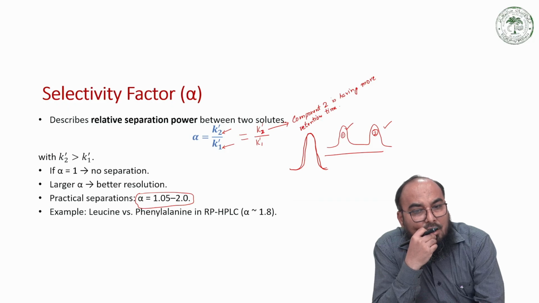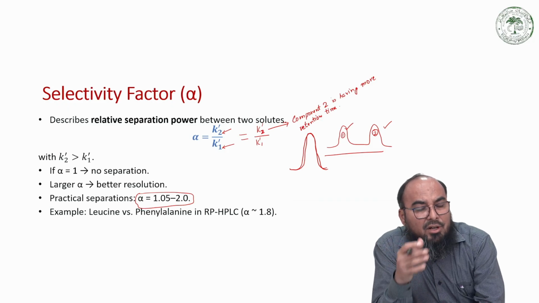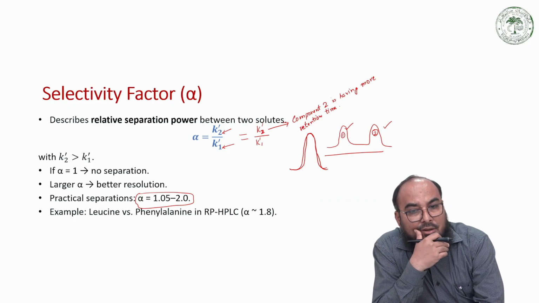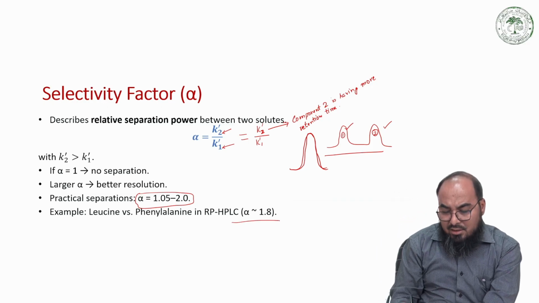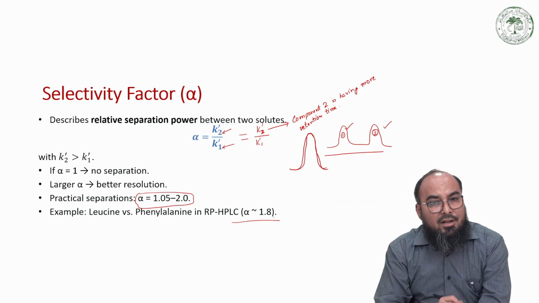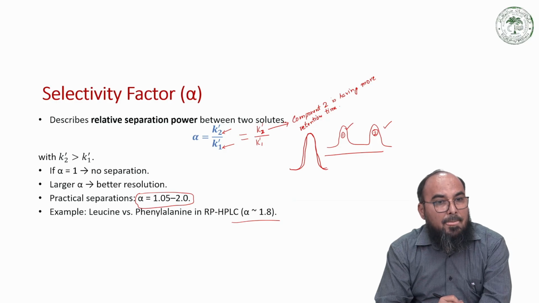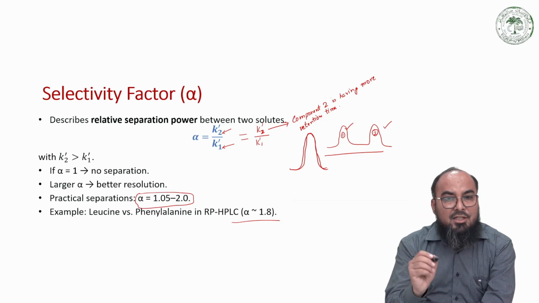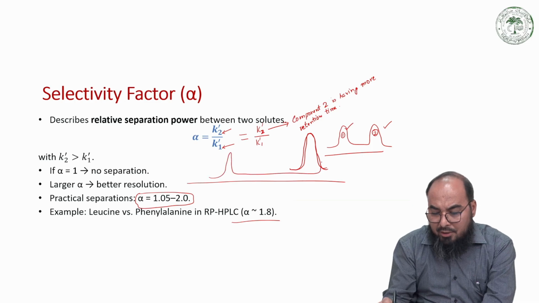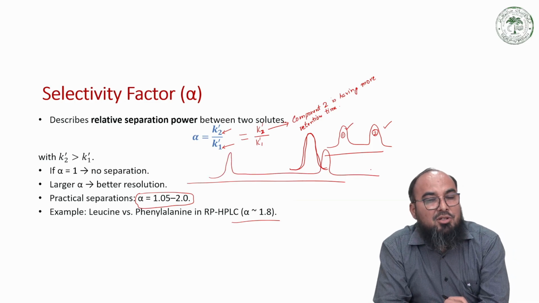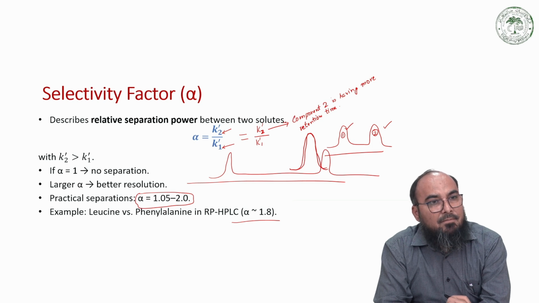For example, we have given an example of leucine and phenylalanine. In reverse phase HPLC, the value of alpha is 1.8. It means it's a good separation. Moreover, if its value is too high, then the peaks are far apart. Again, this is not a good separation because it is telling the story that it is taking too much time.